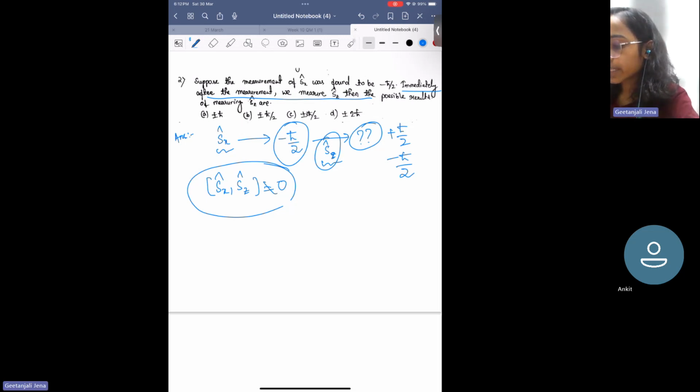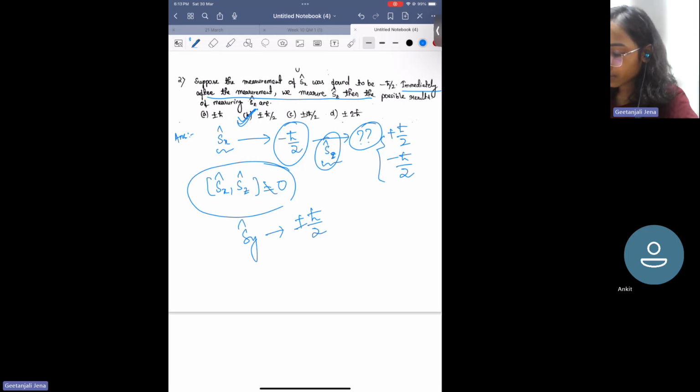That is why you will get both spins if you measure the z component. So the answer will be plus or minus ħ/2. Similarly, if you measure the y component, you will get the same answer, plus or minus ħ/2.